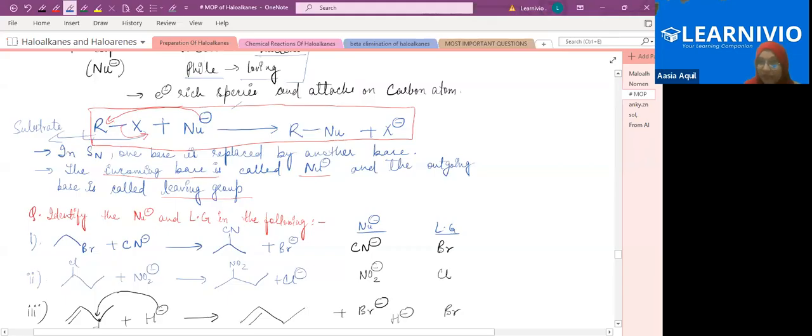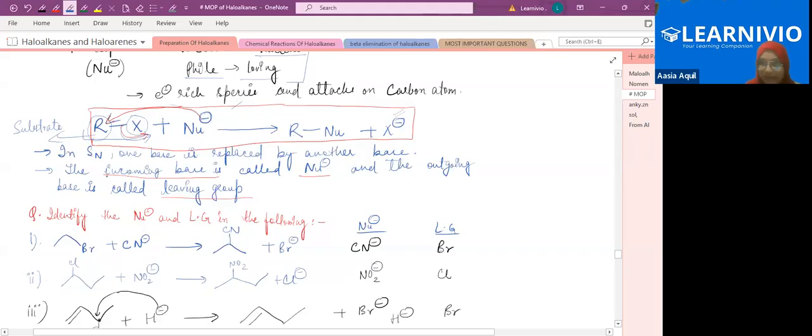Obviously, this nucleophile is an electron-rich species, and it will attack the carbon atom of this alkyl group, right? And you know very well the halogen groups are good leaving groups, so they leave the molecule and you will get R-Nu plus X minus, right?